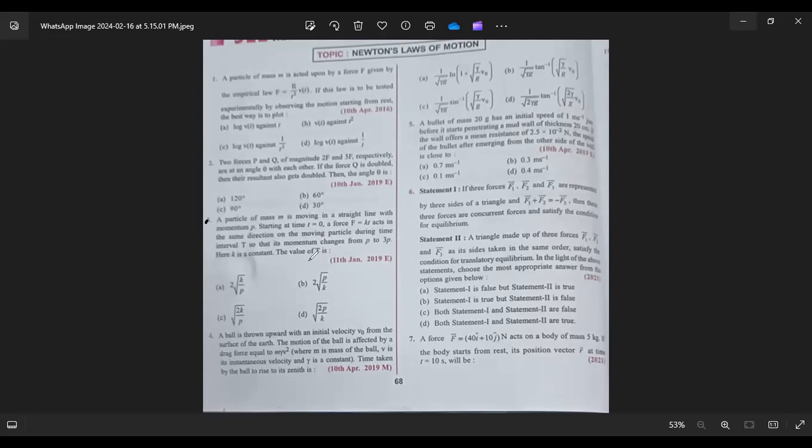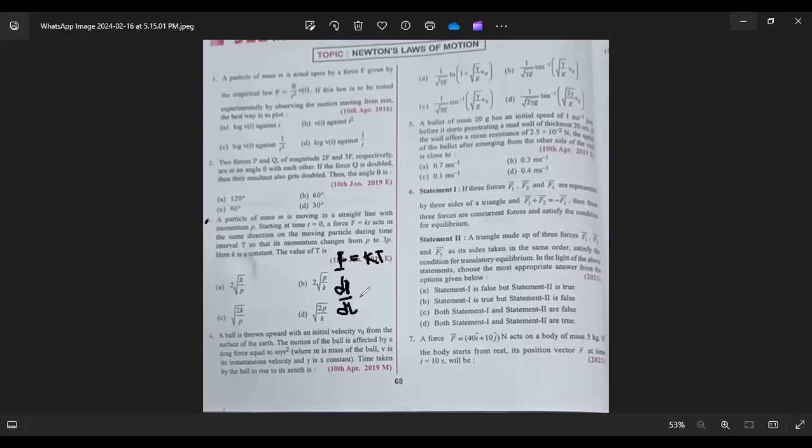You can calculate t. So how to calculate T? Force F is equal to kt, like the restoring force of a spring. According to Newton's second law, F is equal to dp upon dt, the rate of change of momentum.